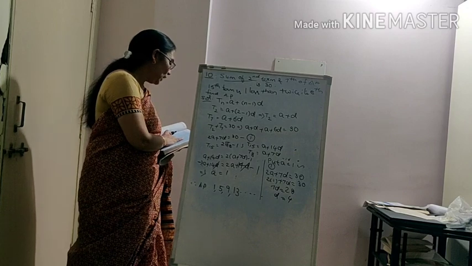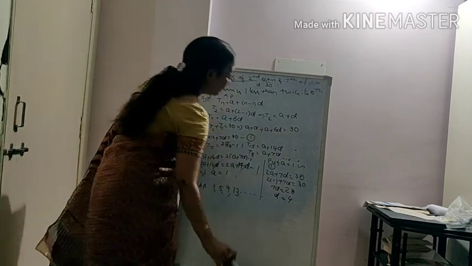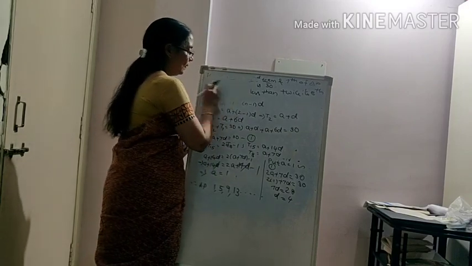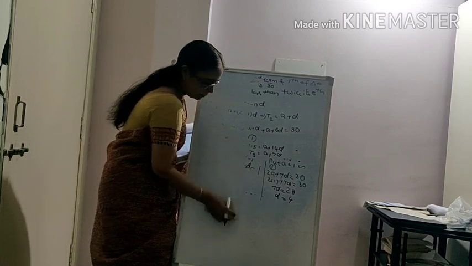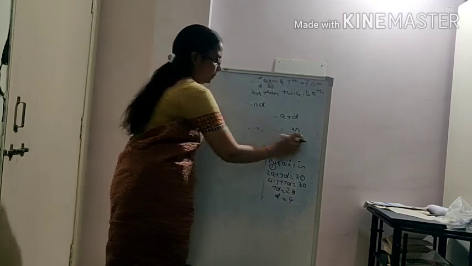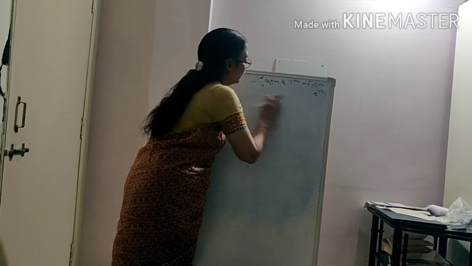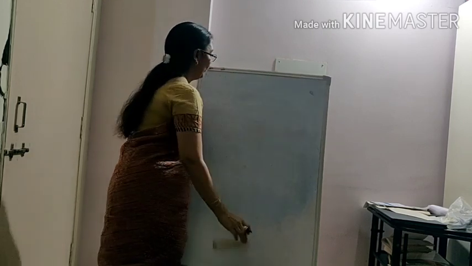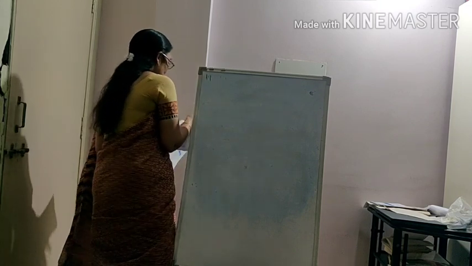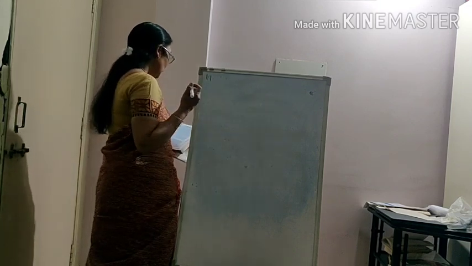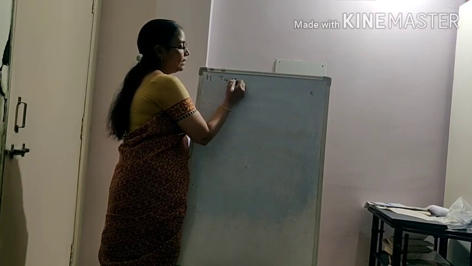The next question is the fourth question, number 11. He says the fourth term of an AP is 11.